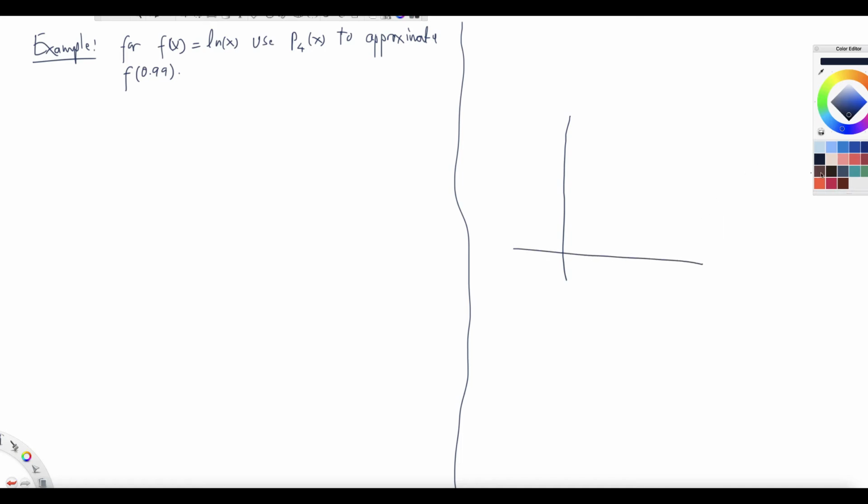For example, suppose that there is a very complicated type of graph, and suppose you want to find the height of the function at x equals 2 of that graph. So how can you do that? You try to find the Taylor's polynomial that approximates this graph around x equals 2. Suppose you use the linear polynomial, or P1(x), to approximate this at x equals 2, this is what you will get. This is the linear approximation you are getting, right?